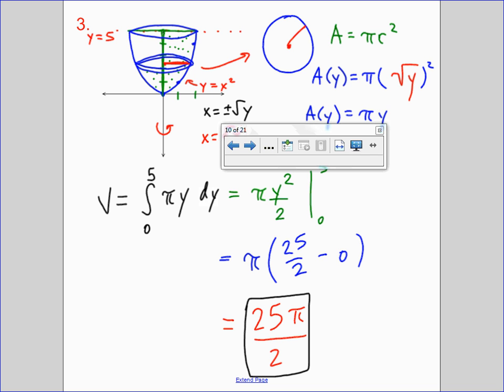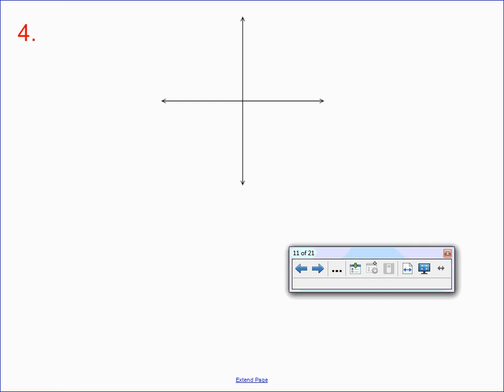If the resulting solid has a stack of coins, I'm integrating from bottom to top with respect to y. If it's spinning around a horizontal axis, like the x-axis, then I'll be integrating with respect to x. Slices will resemble books on a shelf. Yeah, absolutely. Good.